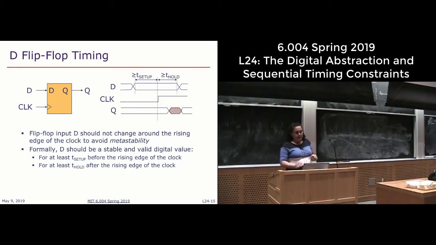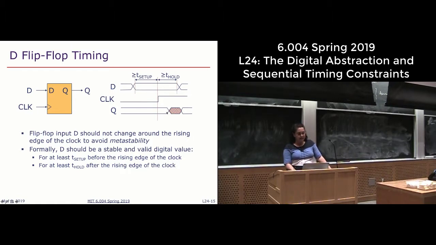So if we look at our output Q, there's one other element that I want to talk about, which is what is considered the propagation delay of our register. The way that we measure propagation delay of a register is from the rising edge of the clock until the output becomes a stable and valid value.